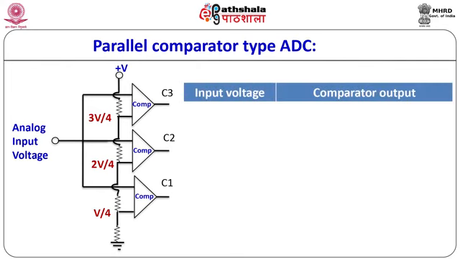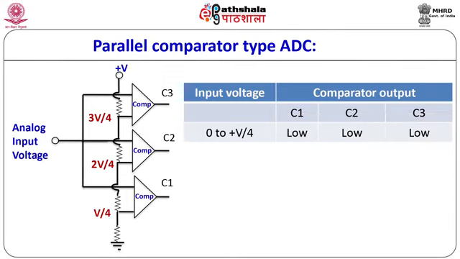When the input analog voltage is within the range of 0 to plus V by 4, the outputs of the comparators C1, C2 and C3 will be low, or at logic 0.